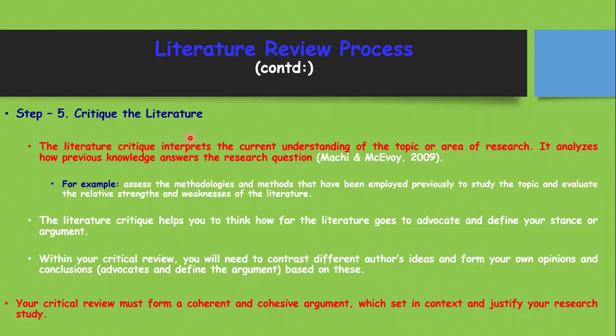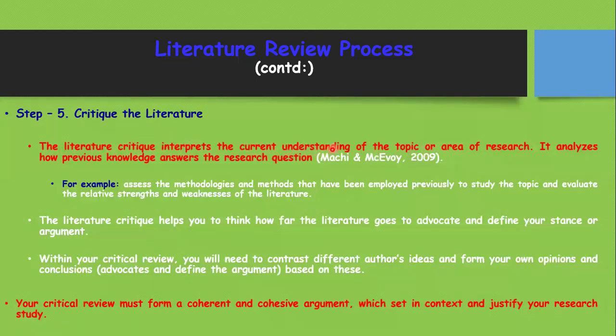This is one of the most important parts where you basically justify the research gap for your study, because at this level you need to understand what has been done in the past, what is the current state of the research, and what needs to be done in the future. So the literature critic interprets the current understanding of the topic.